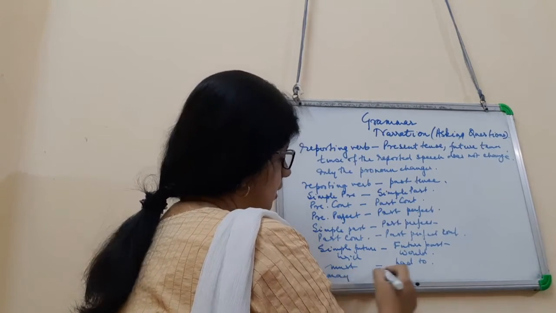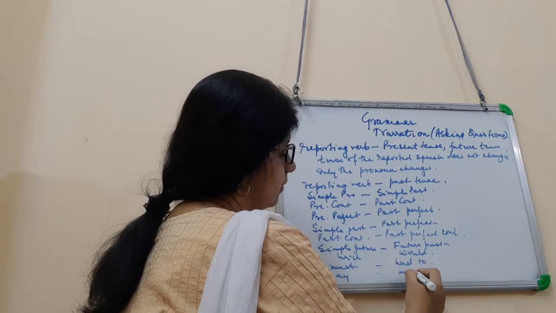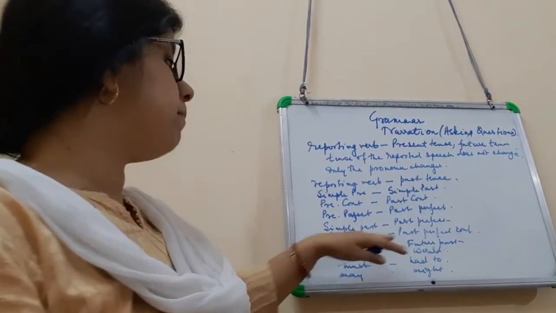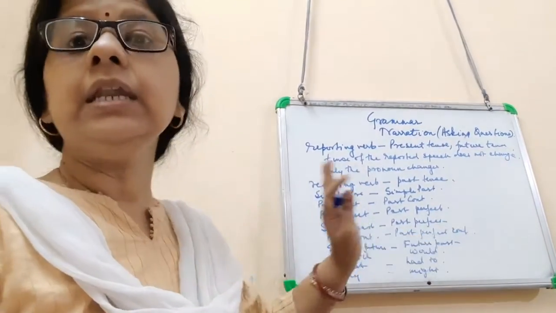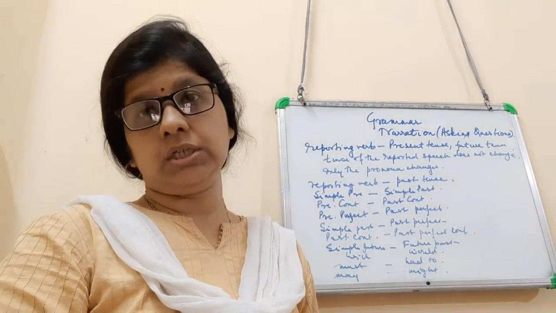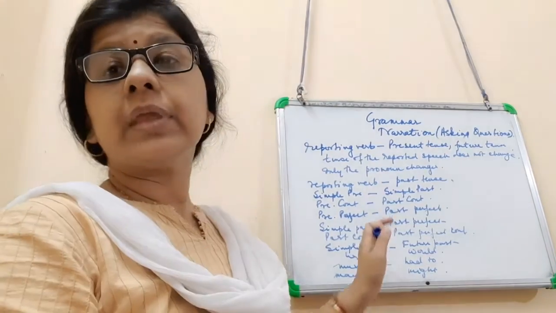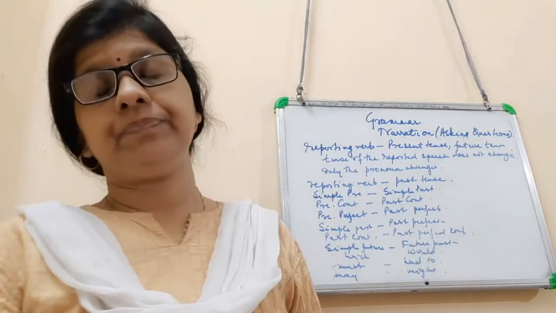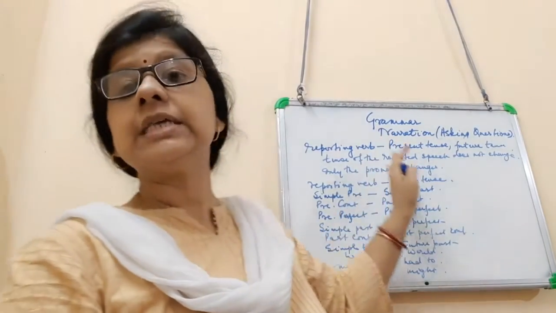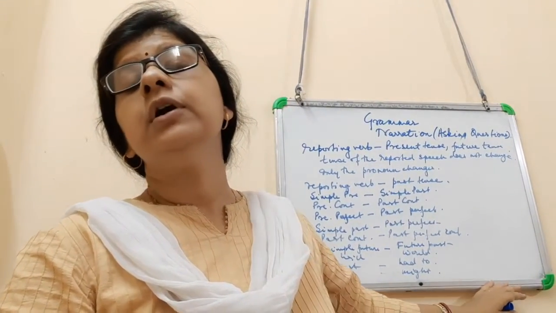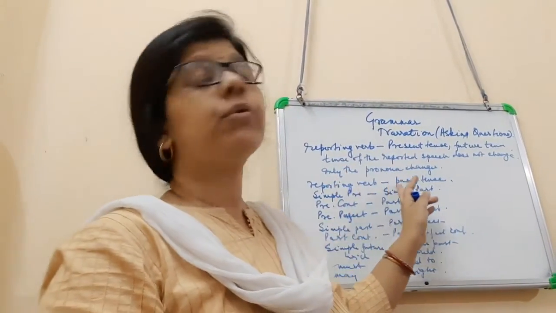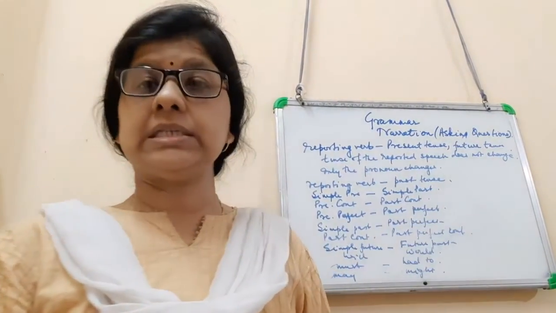May changes to might. Suppose if it is in past perfect, then there is no change. If the sentence is in past perfect, it remains the same. So these are the rules of changing from direct to indirect if the reporting verb is in past tense.